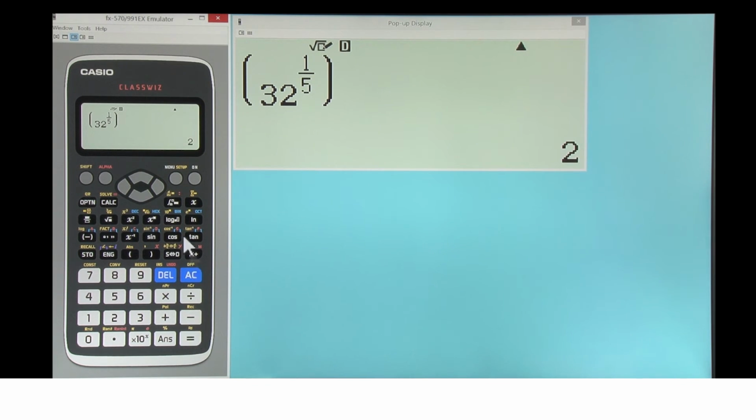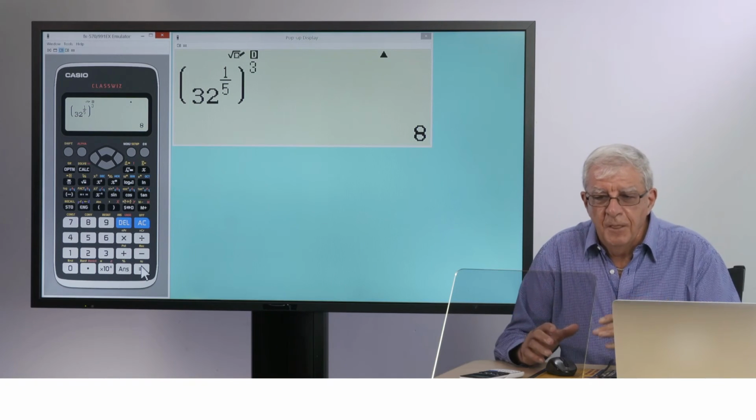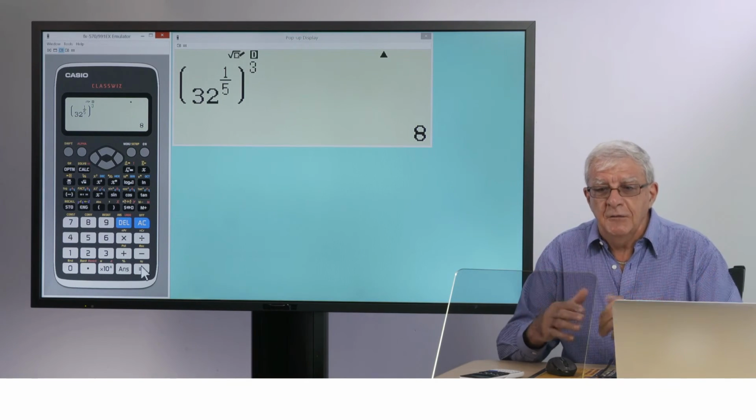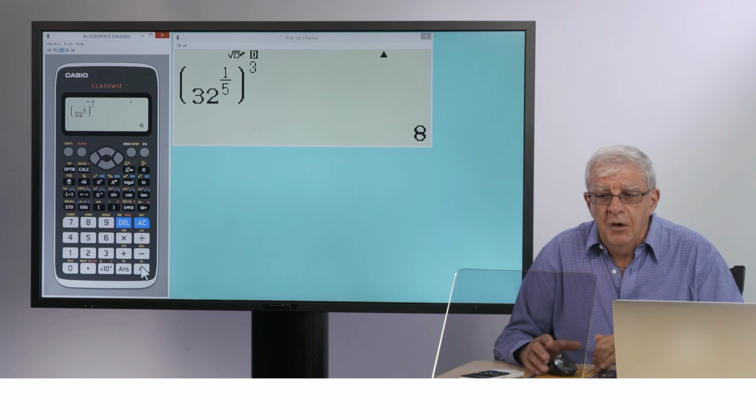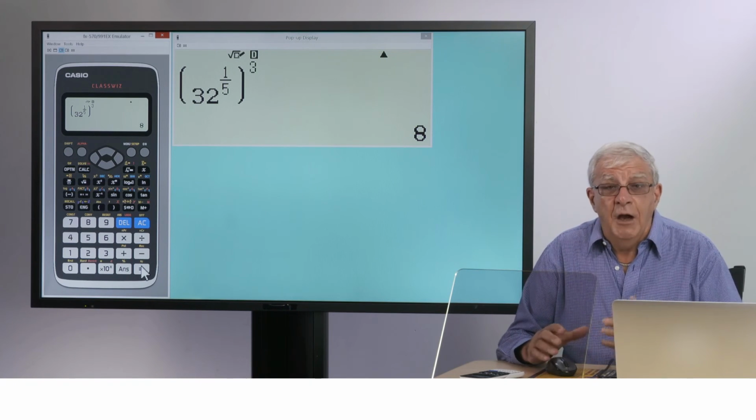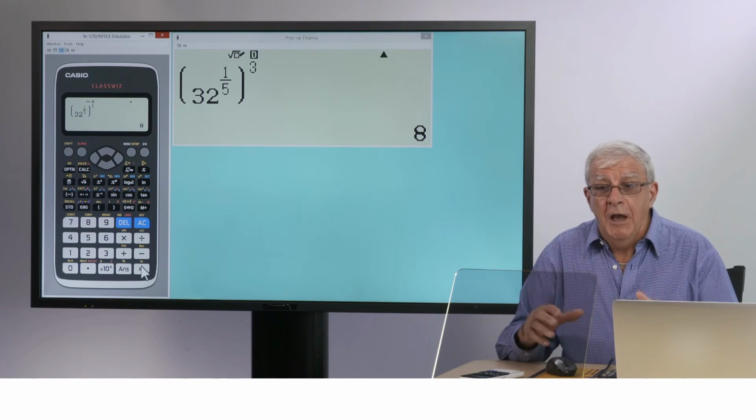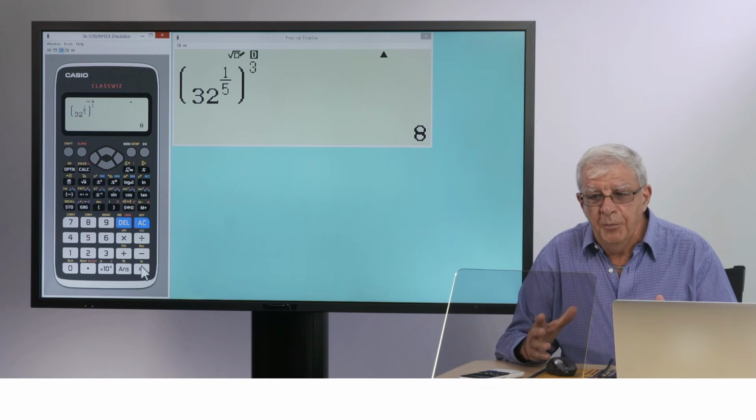That result is 2, and if we raise that to the power 3, the result is 8. So 32 to the 3/5 is the same as 32 to the 1/5 cubed. So students can use their class whiz to explore those kinds of relationships and to understand how indices work and what they mean and what their properties are.